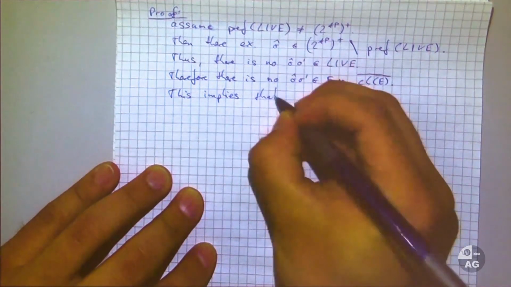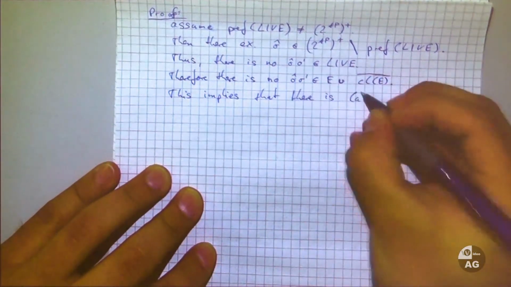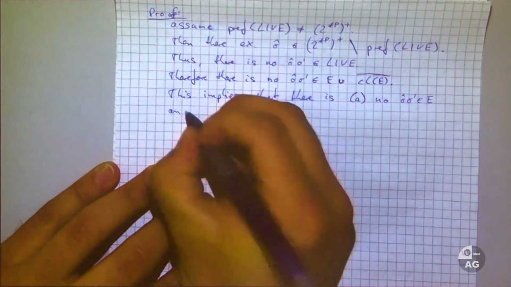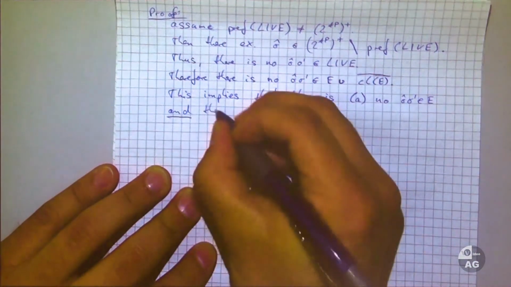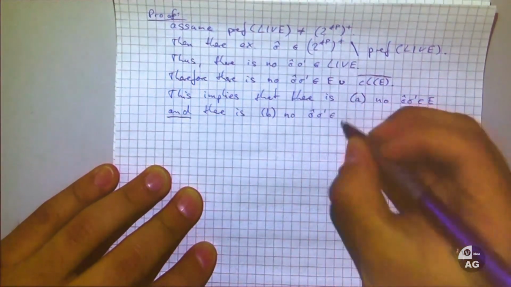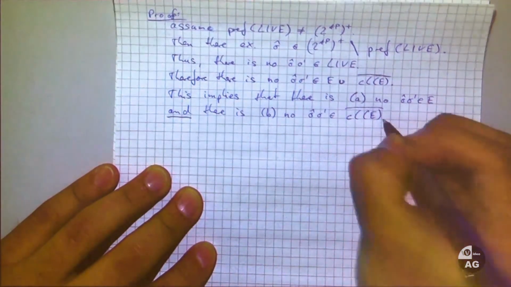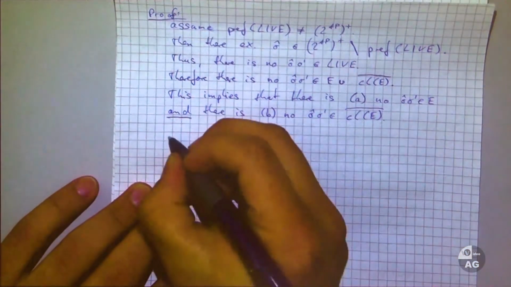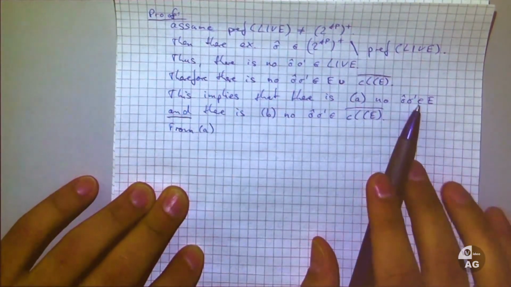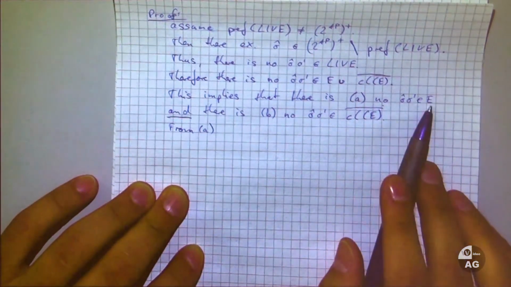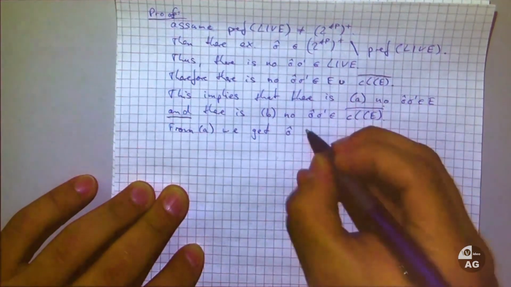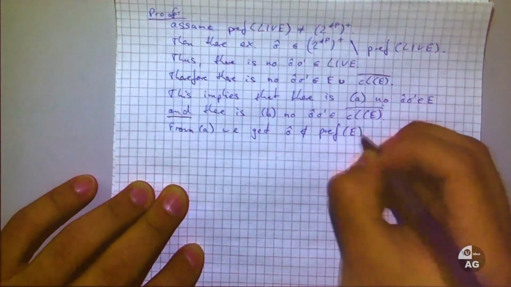This implies that there is, A, no sigma hat, sigma prime in E, and B, no sigma hat, sigma prime in the complement of the closure of E. Okay, so we have no sigma hat, sigma prime in the property E. But then we directly get from that that sigma hat is not a prefix of the linear time property E, right?